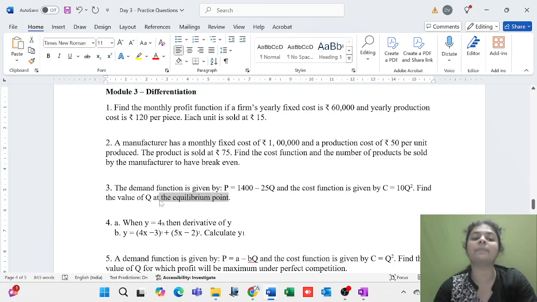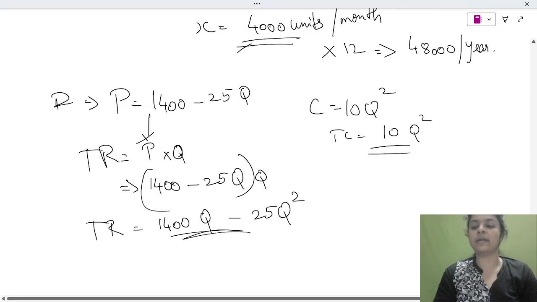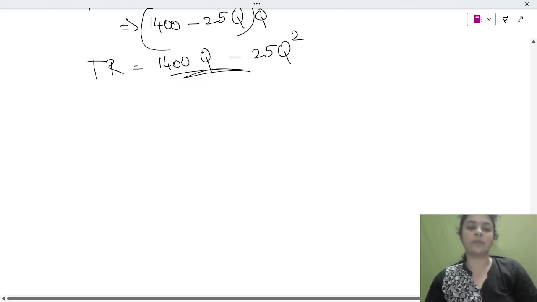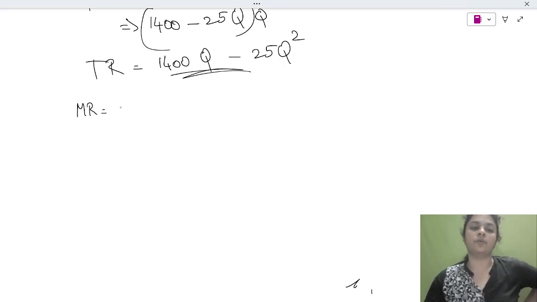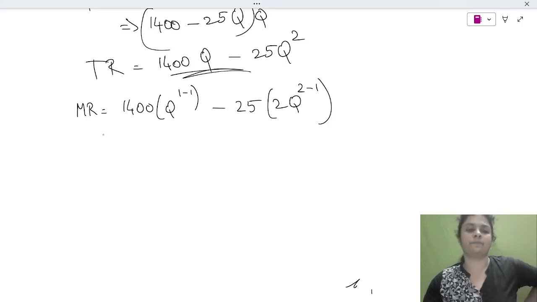Now what are they asking? Find the equilibrium quantity. What is equilibrium quantity? The equilibrium rule is MR is equal to MC. First find MR. Differentiate total revenue, 1400Q, with respect to Q. Here we have used Q instead of X, that's all.